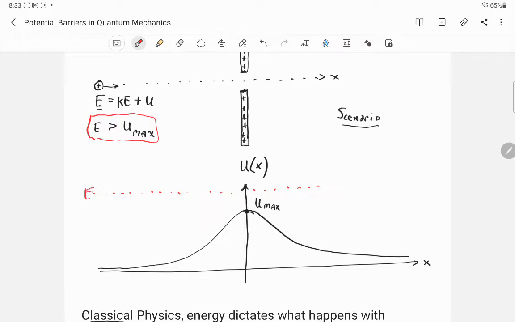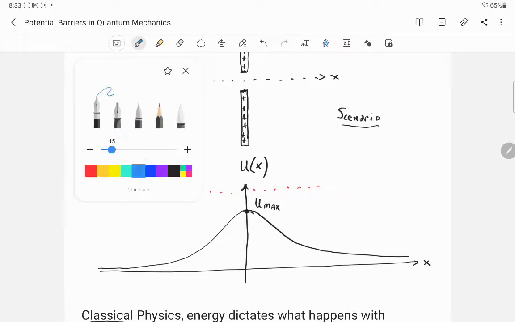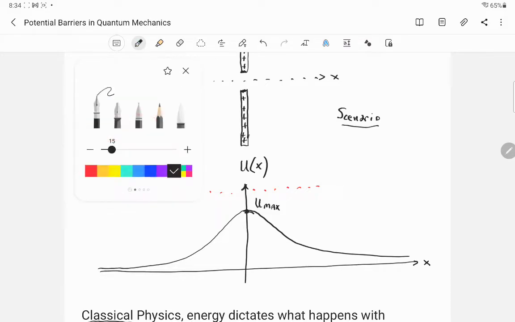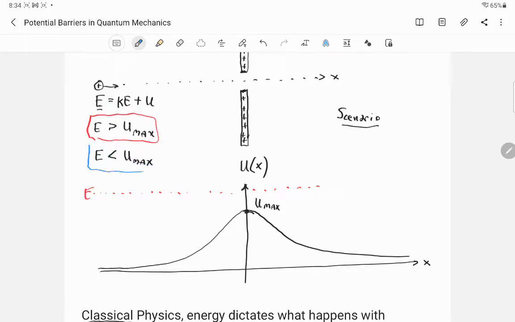This is the red energy. But if we have less energy, let me make it black, the energy story is a little different if the energy is smaller than the maximum height of the barrier. Let me outline that in blue. U max is here, and I'm imagining the energy is some value below, like this. So here are two possible energies.